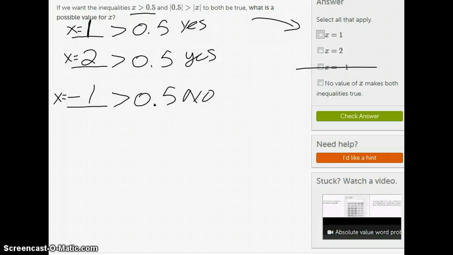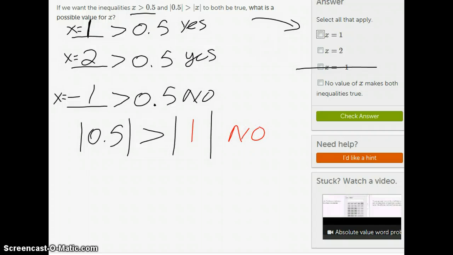Now I have to check for the other part. It's saying the absolute value of 0.5 is greater than the absolute value of my x. So in one case, we have 1. Is 0.5 greater than 1? No. In my second case, my value is 2.